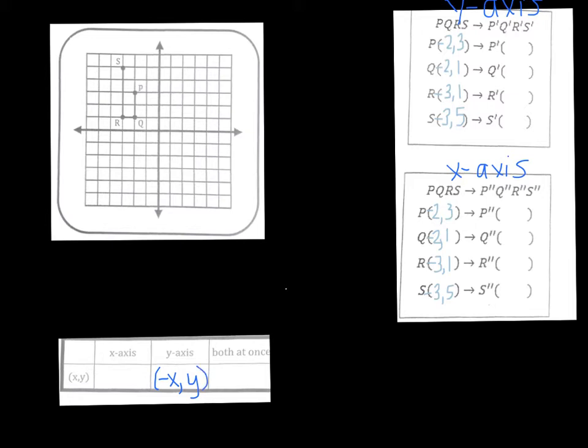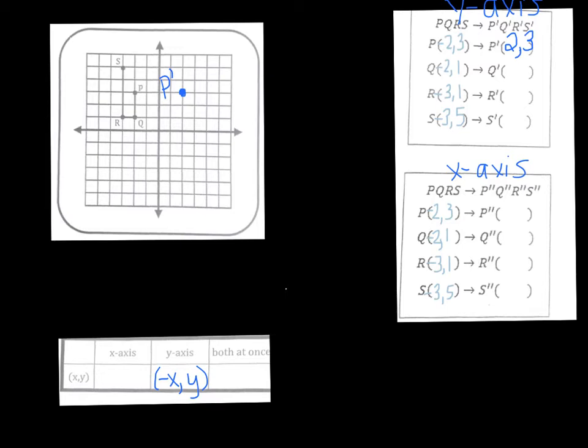So, if that rule holds true, point P, which is negative 2, 3, the x value, which is negative 2, would be the opposite. The opposite of negative 2 is positive 2. So it's going to be positive 2, and then the y value stays the same, so it would be positive 3. So I'm going to plot over 2, up 3, and I'm going to label this P prime.